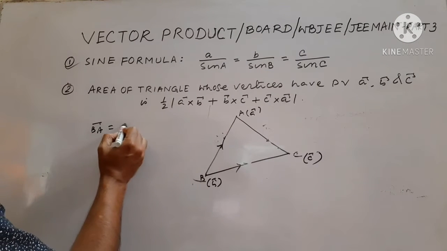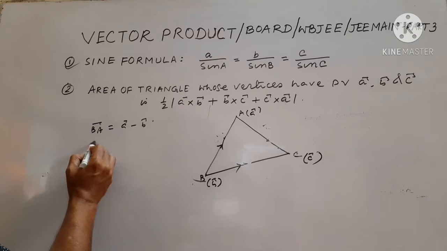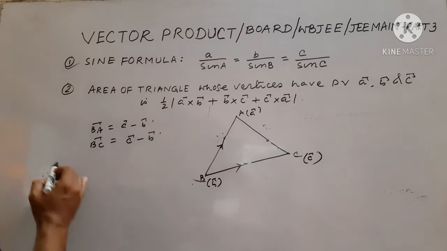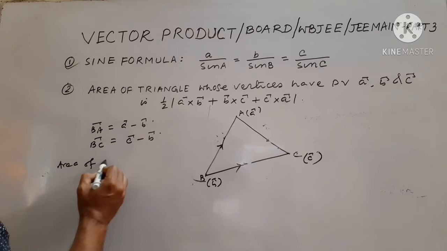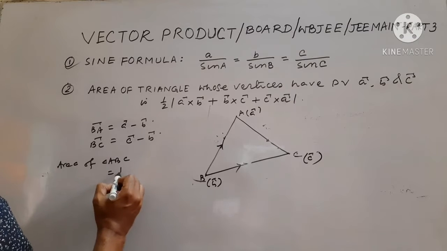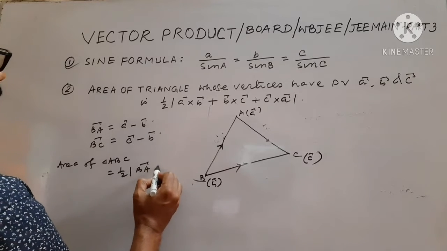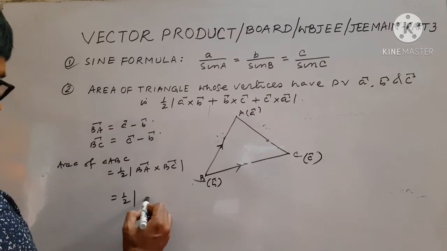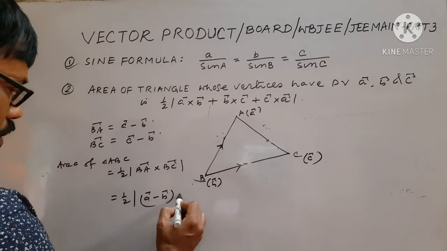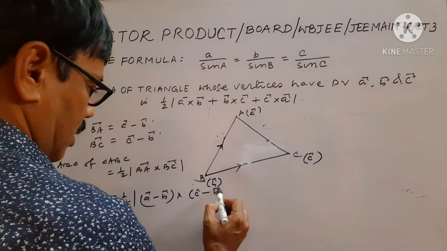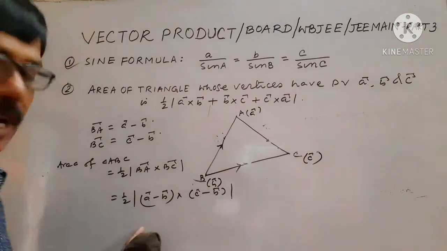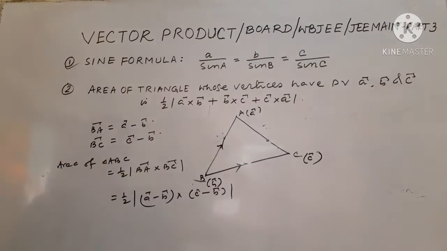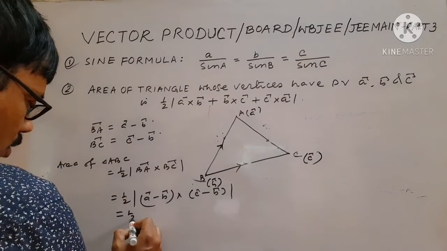So BA equals A minus B. BC equals C minus B. So the area of triangle ABC equals half of the magnitude of BA cross BC. So half of the magnitude of (A minus B) cross (C minus B). Now if it is not in i, j, k form, we have already stated we have to use the distributive and anti-commutative rules.